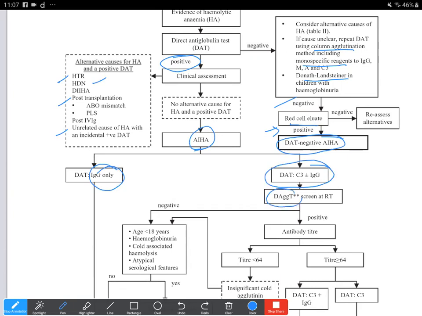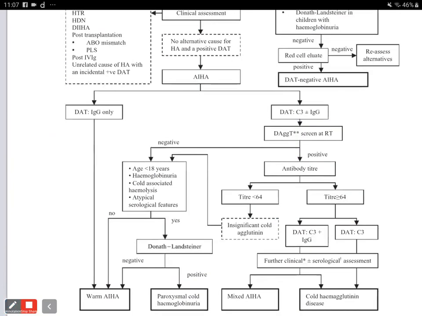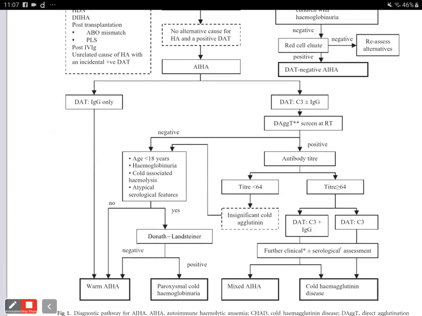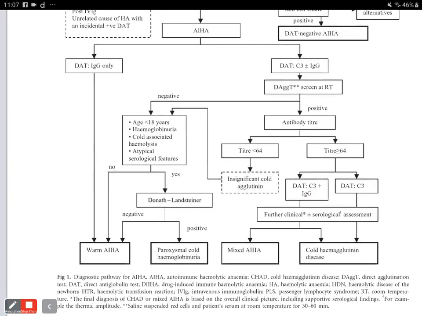And here the titer is important, because if the titer is low, we will consider them insignificant cold agglutinins unless we have atypical features. If the titer is more than 64, we proceed with further investigations for whether they are classically C3 positive, or have a mixed C3 and IgG component, where they may be mixed autoimmune hemolytic anemia.